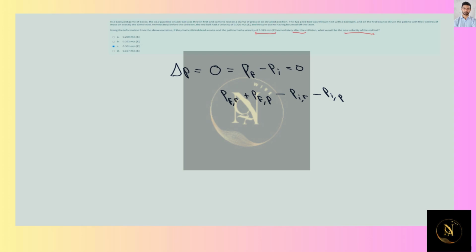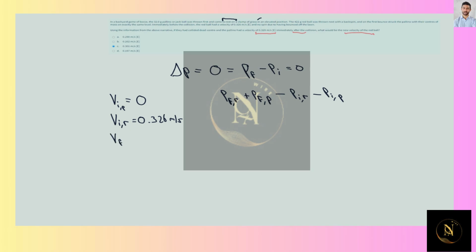The information we have regarding the velocities is that the initial velocity of the palino ball, immediately before the collision, is equal to 0. It is at rest on a clump of grass. The initial velocity of the red ball is 0.326 meters per second.